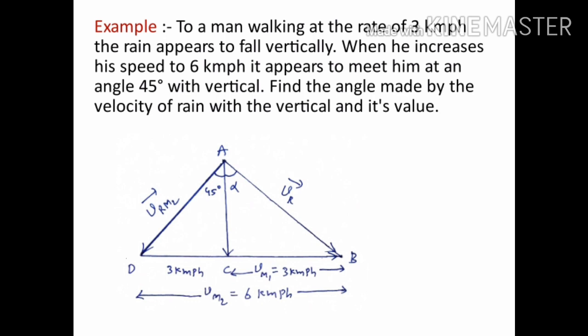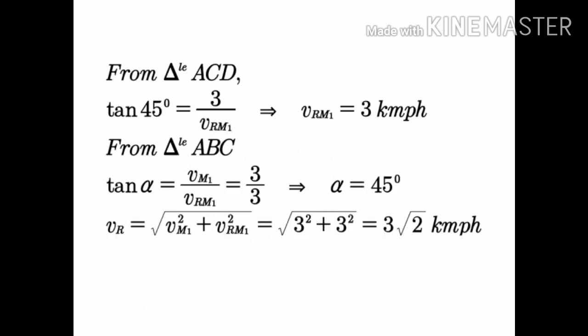So the process is, first we use triangle ACD, and from that triangle ACD, tan 45 degrees is equal to 3 by VRM1. From that VRM1 is equal to 3 km per hour. And next, to find out alpha and VR values, we are using the triangle ABC.